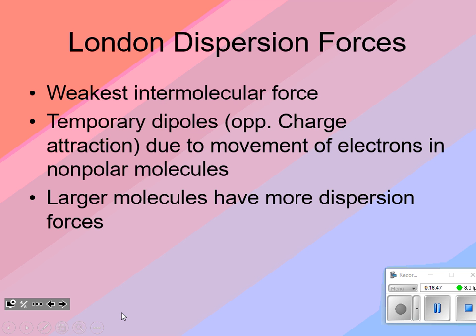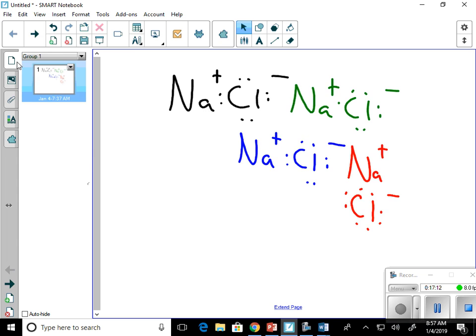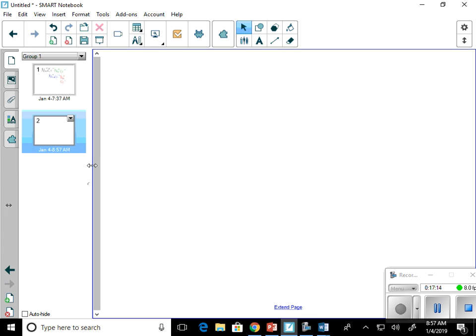So once you jot this down, I'm going to again go back to the Smart Notebook and draw an example of carbon dioxide. Okay. Carbon dioxide is a nonpolar covalent molecule.